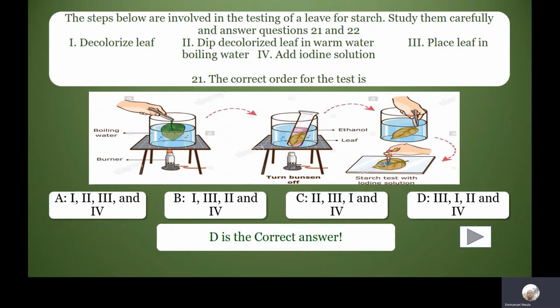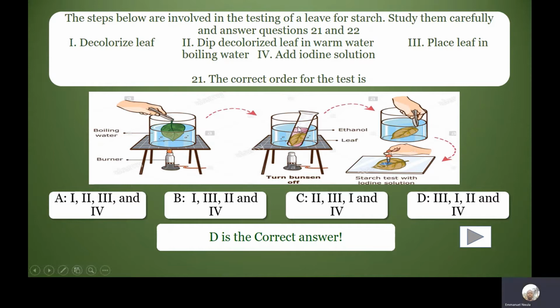In testing a leaf for starch, the first thing you do is to boil the leaf. You boil the leaf in water for about a minute to kill the cells of the leaf, to burst the starch grains.